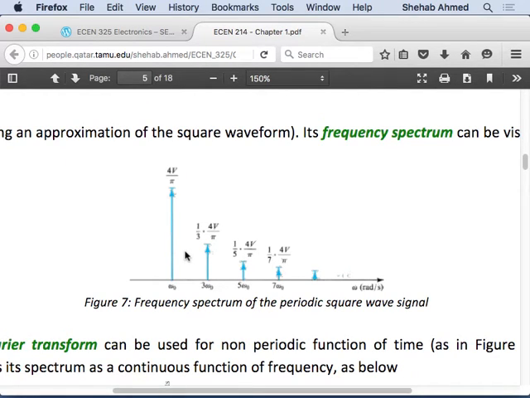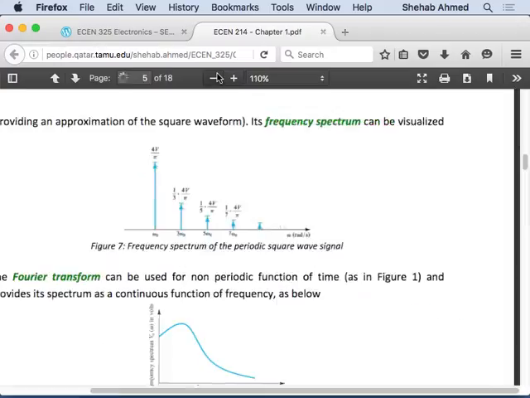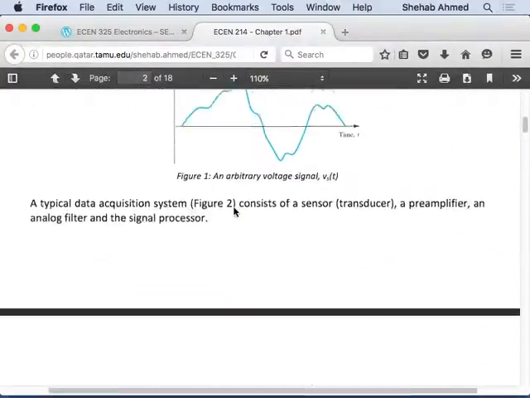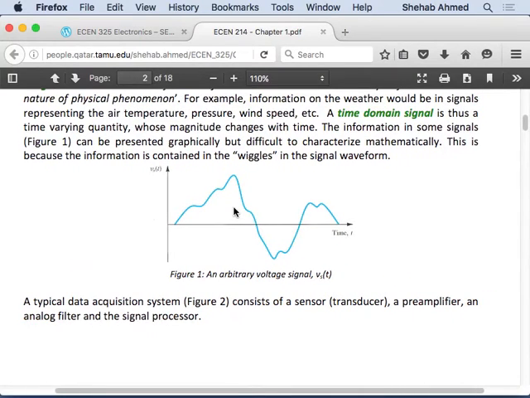So definitely, if this signal is originally 50 hertz or 60 hertz, do you expect to see a good amount of 60 hertz component in a signal like this or not? Yes or no? Why?